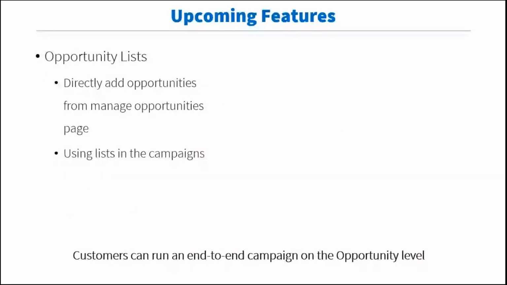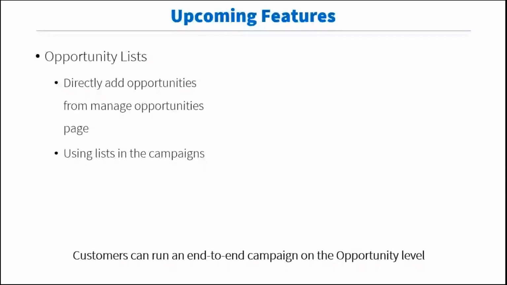And we will also, as part of the campaign feature itself, be enabling opportunity lists. So directly in the manage opportunities page, we can create a set of parameters, and whatever results are coming across, we can save the opportunities.